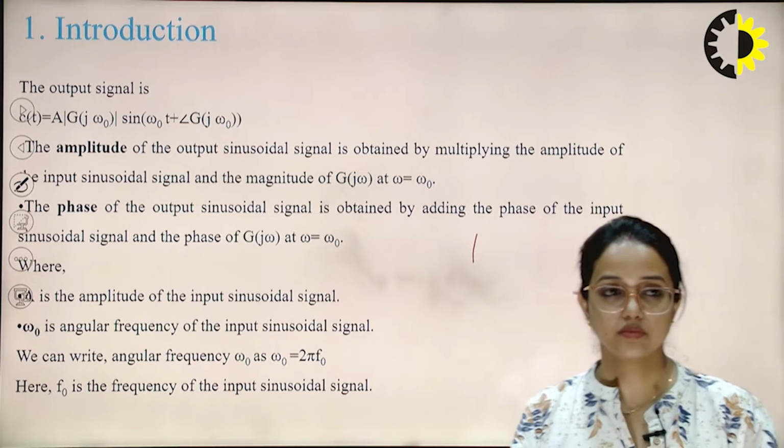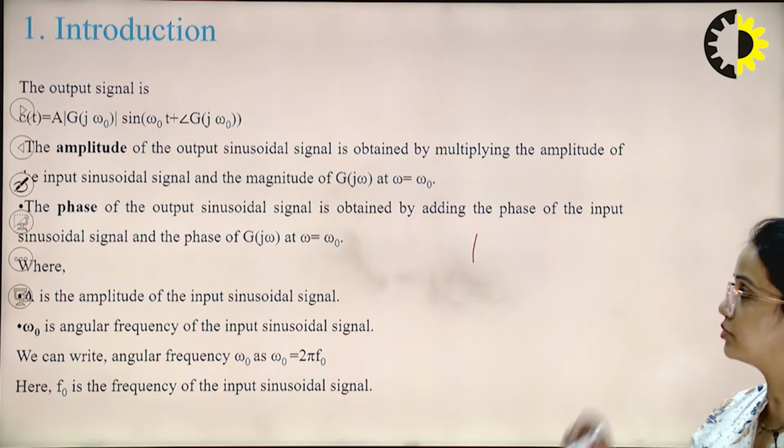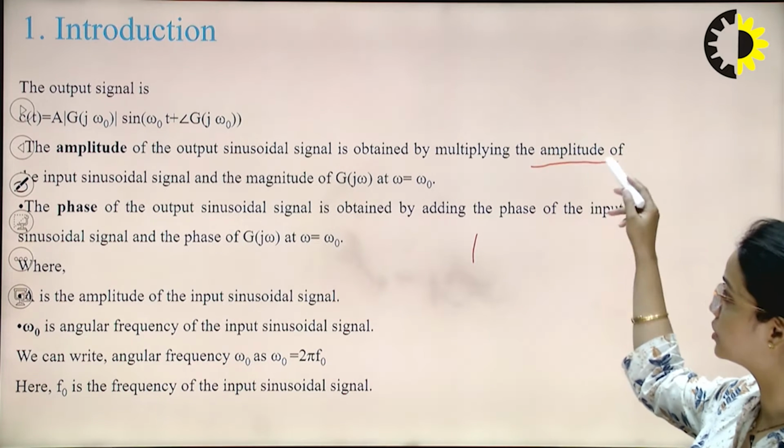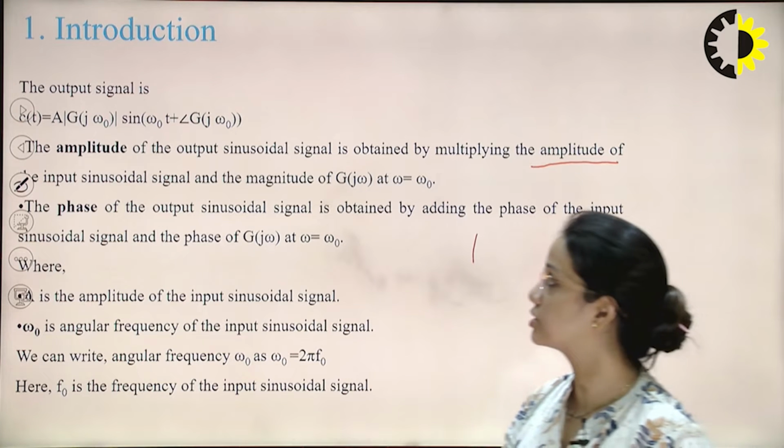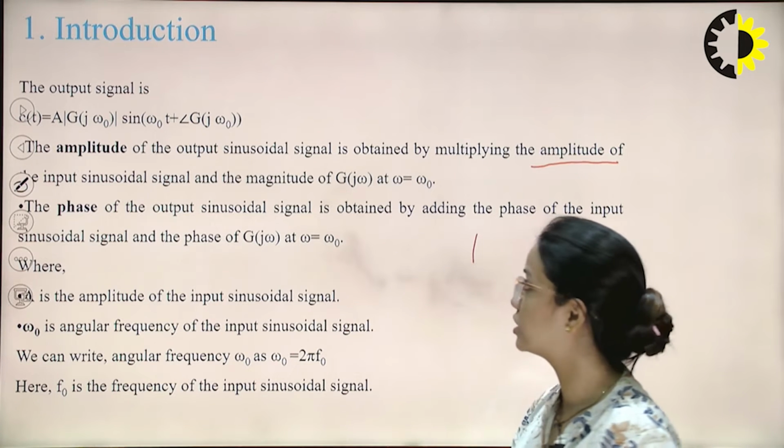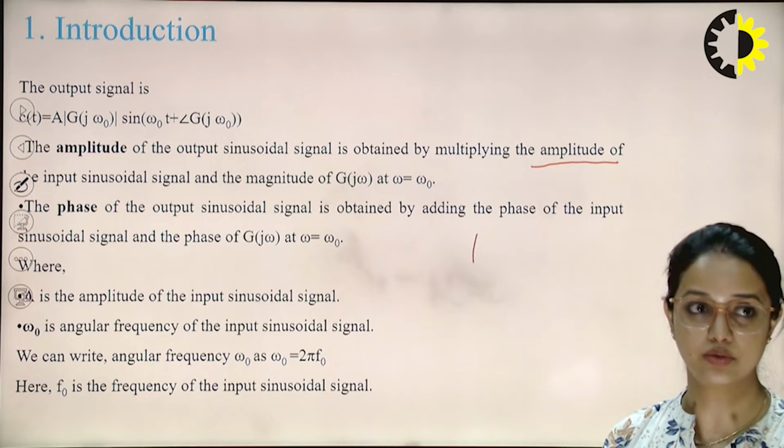Now, the amplitude of the output sinusoidal signal is obtained by multiplying the amplitude of the input sinusoidal signal and the magnitude of G(j omega) at omega equals omega 0.